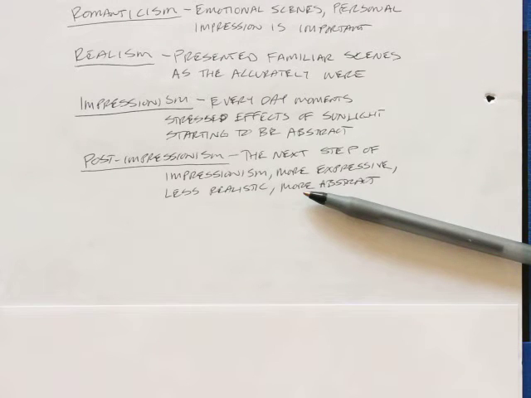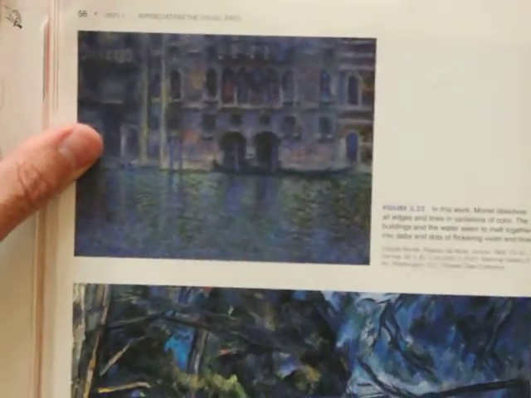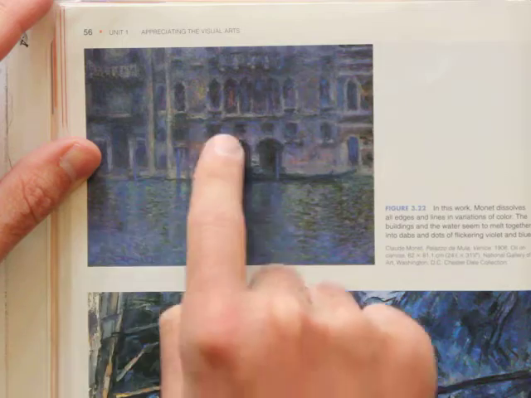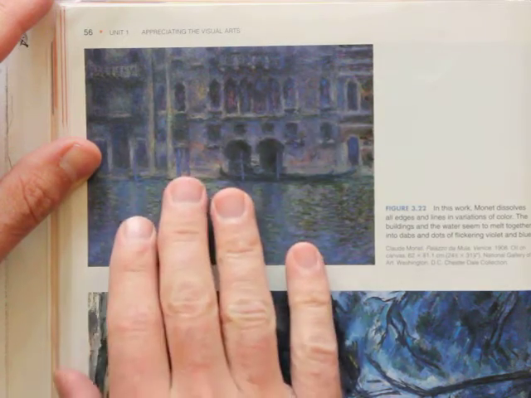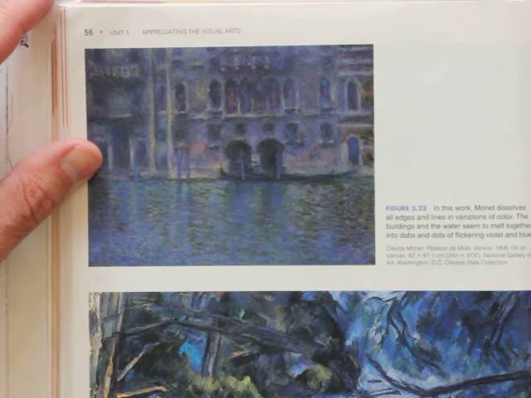So what we're doing with Impressionism is we're not being so tied to the way something actually looks and being super realistic. We're stressing more the colors and the light, and it's not quite so realistic. You can see what's happening there, but it's not super realistic.